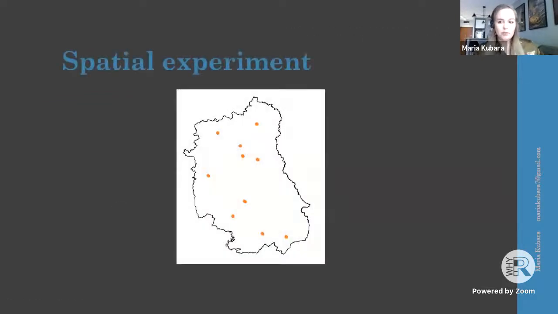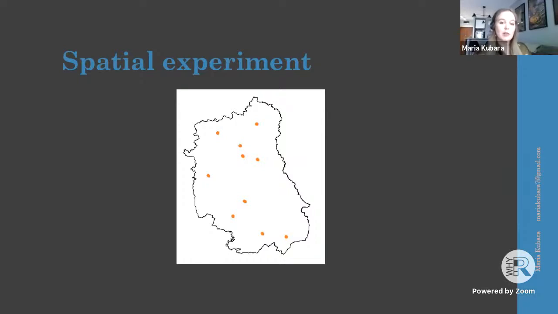I will also show you the basic experiment where the whole story started. I am doing a lot of spatial analysis, and I had to generate a lot of spatial data sets and run different models on them. In this example, I will show you that I was generating clusters in the Lubelski voivodeship.